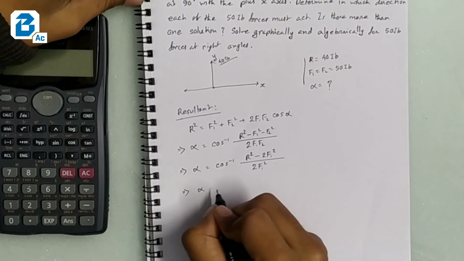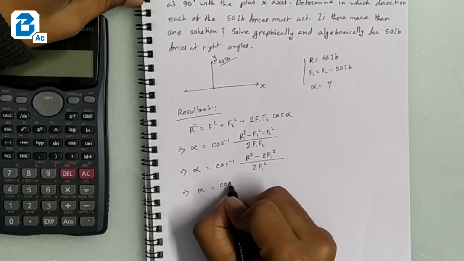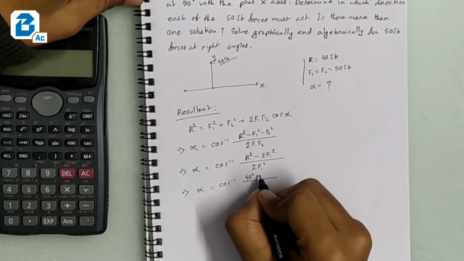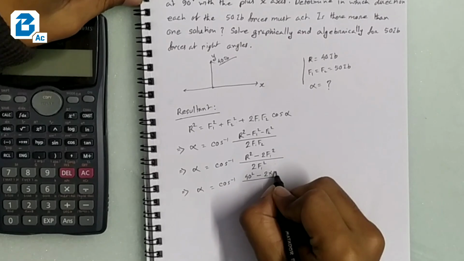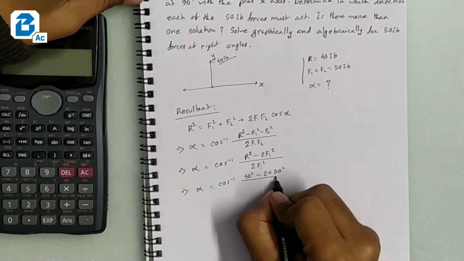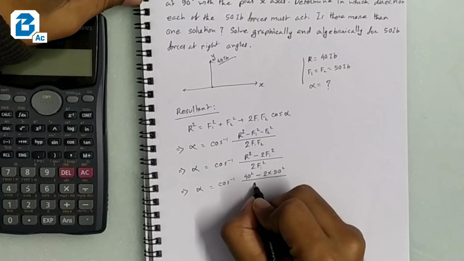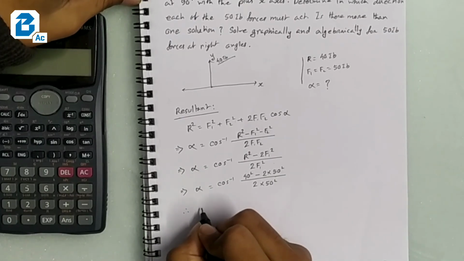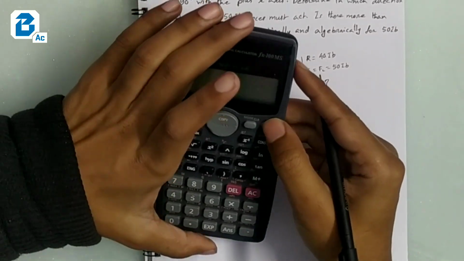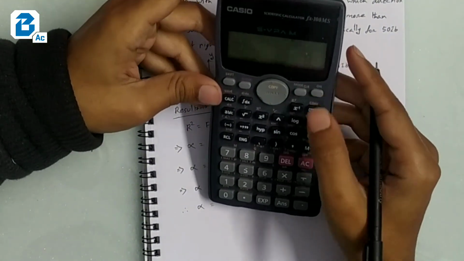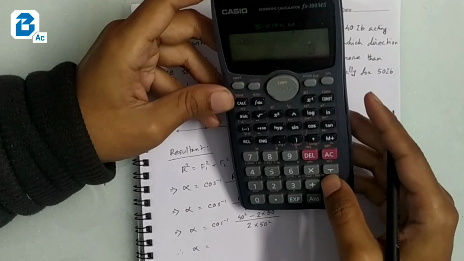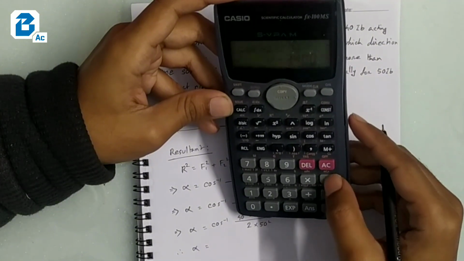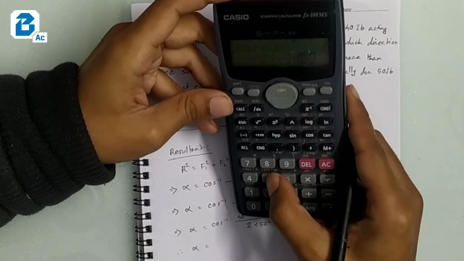Let's put the values in. Alpha equals cos inverse R square, which is 40 square, minus 2 into 50 square, because F1 is equal to 50, divided by 2 into 50 square.